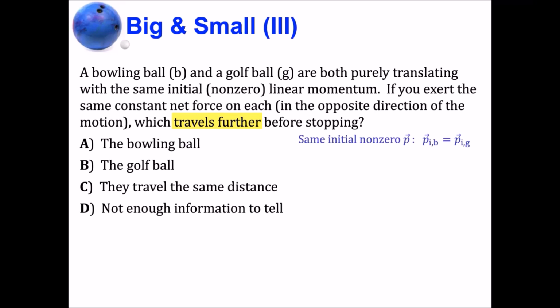We know both balls have the exact same initial non-zero linear momentum. And we also know that both balls are going to be influenced by the same constant net force that opposes the motion of each ball. And we also know that both balls come to a stop at the end of their motion such that their final velocities are both 0 and their final linear momentum values are both 0.